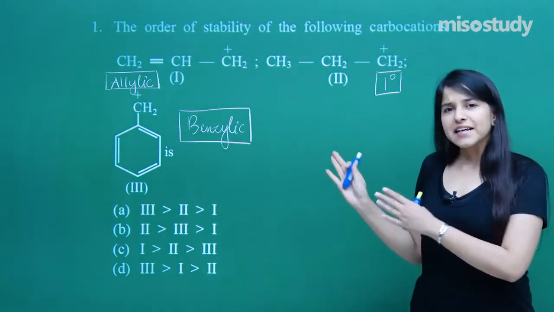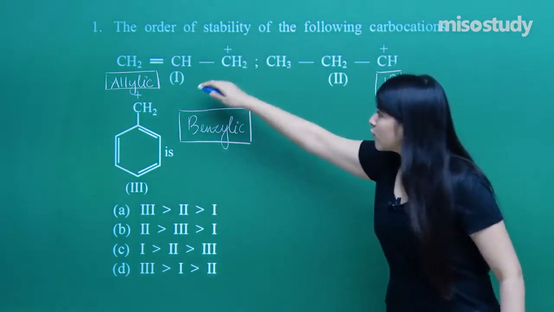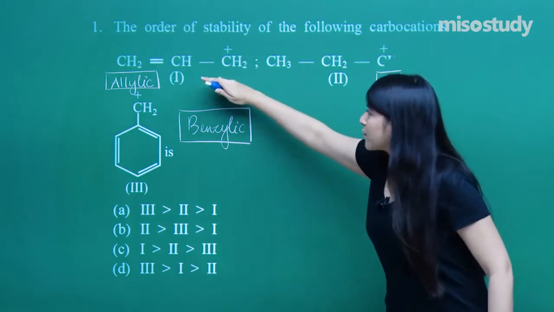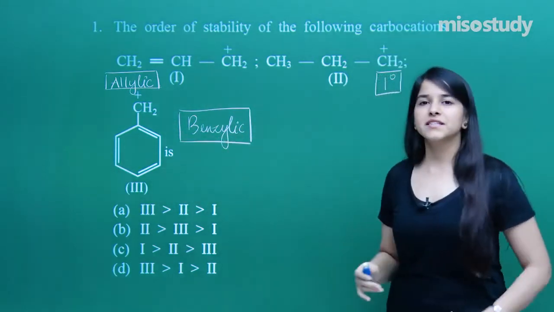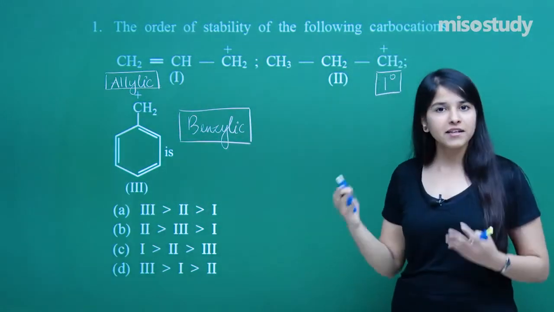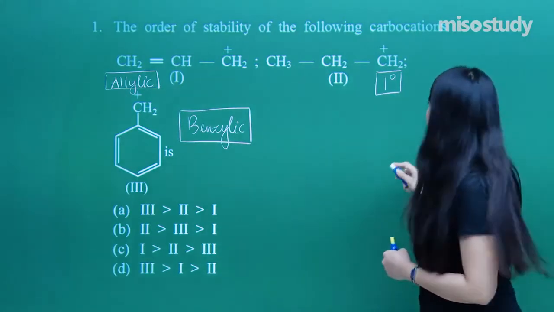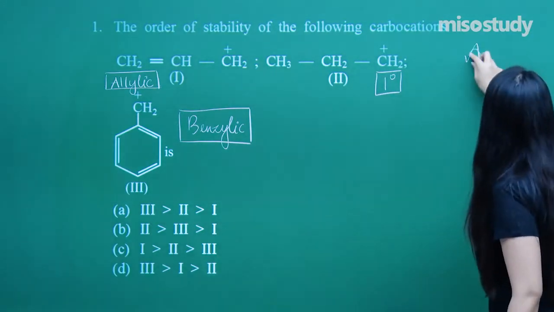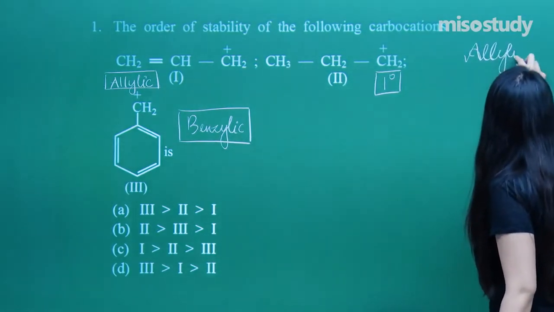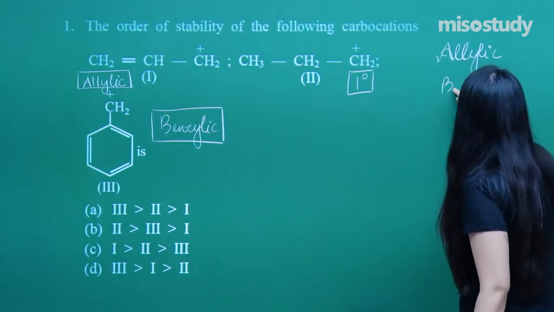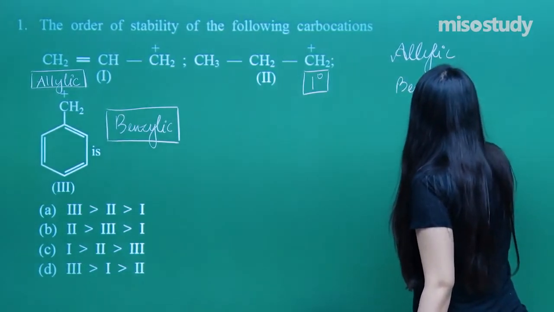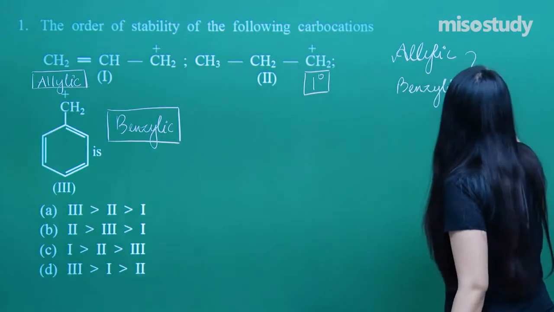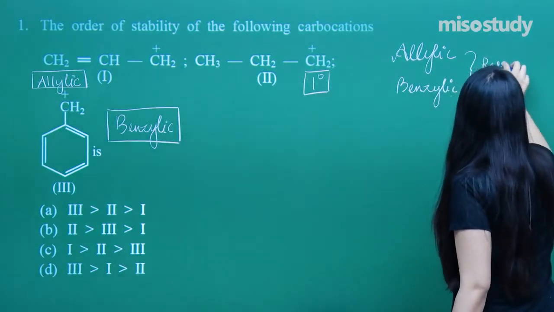You can clearly see that out of the 3, number 1 and number 3, that means the allylic and the benzylic, are resonance stabilized.